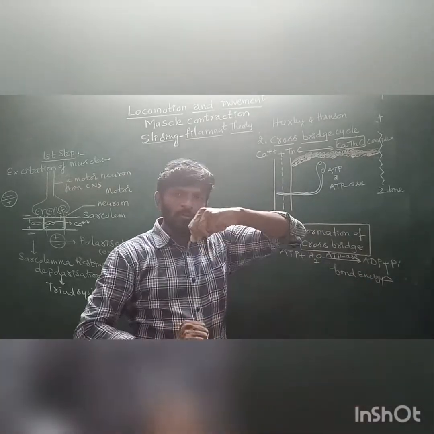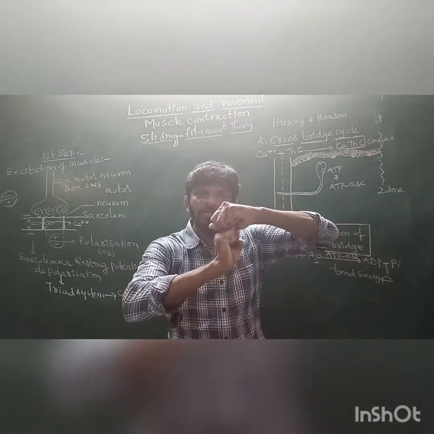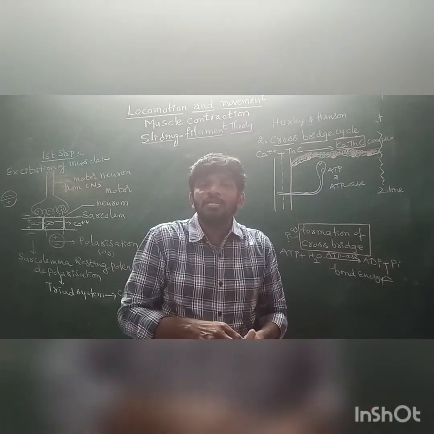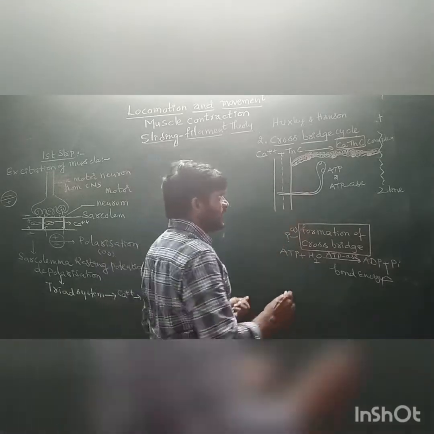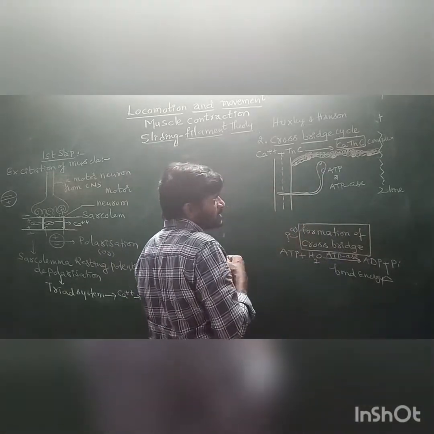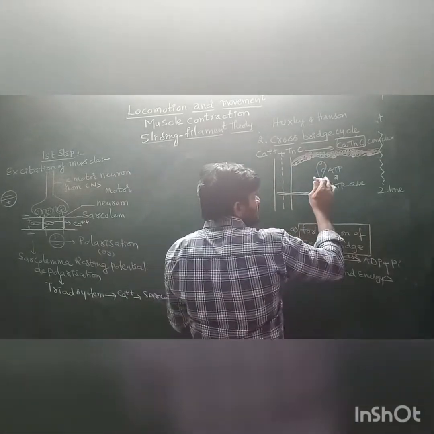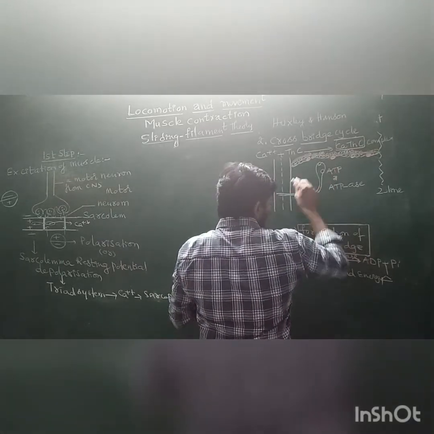Even though there is hydrolysis, at the end of the cross bridge formation, adenosine diphosphate and inorganic phosphate are still located inside the head of the meromyosin. This is the formation of the cross bridge.